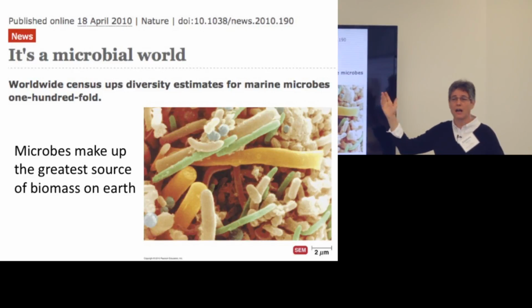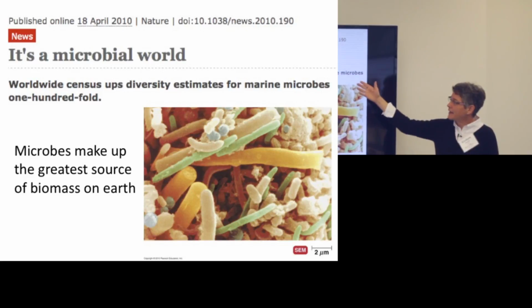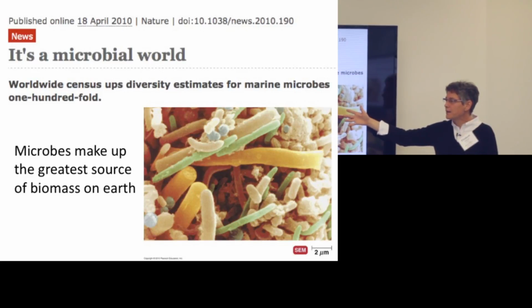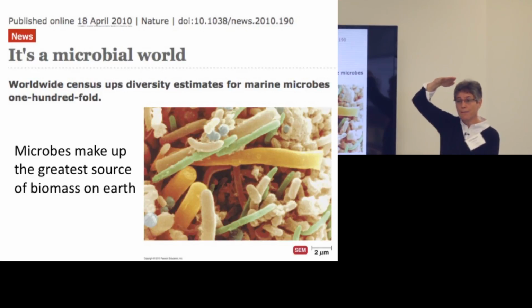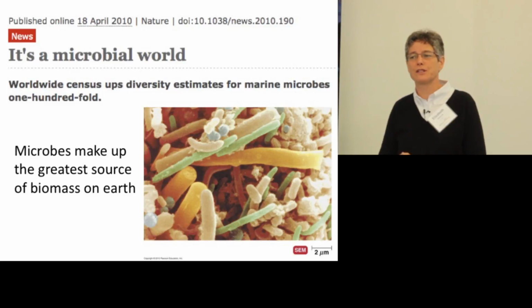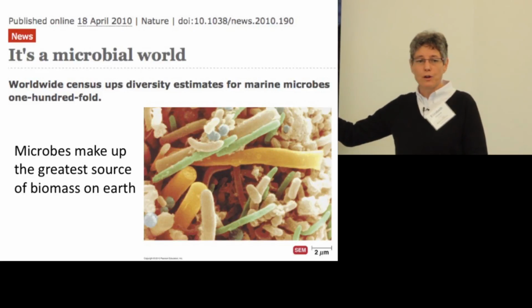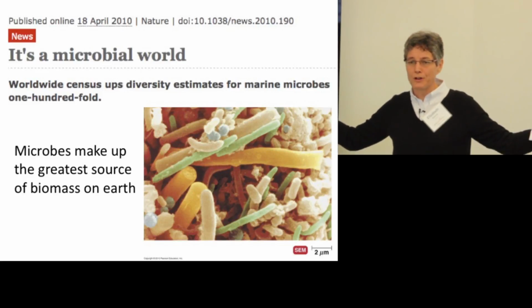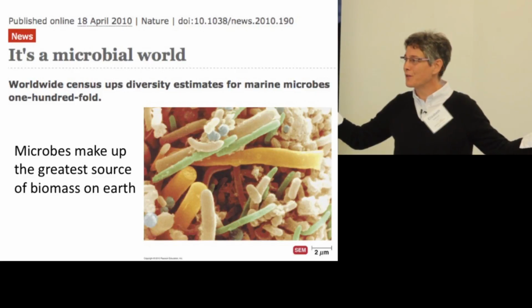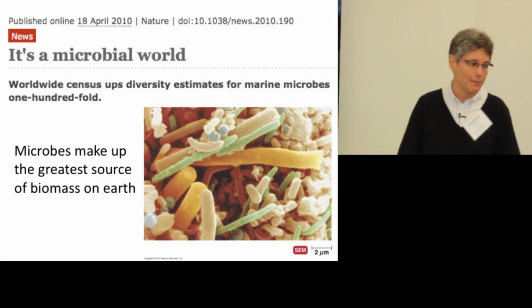It's actually 10 times higher or 100 times higher. And then, moreover, if you look at all the microbes on the planet and at how much depth microbes actually exist, and if you integrate that over the surface of the planet, and make some assumptions, the mass of microbes is actually greater than all of the tropical forests on the planet. So it makes up the greatest biomass on Earth.